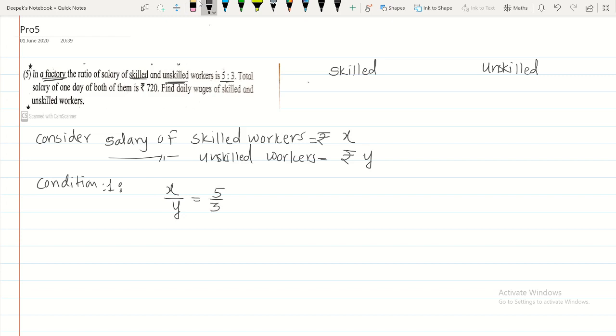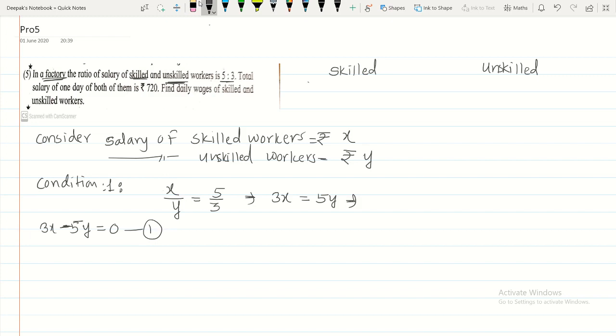By simplifying, cross multiply. 3 into X becomes 3X, equal to Y into 5, which becomes 5Y. If I change the side of 5Y, we get 3X minus 5Y, and nothing will remain, that is equal to 0. So from the first condition you got equation 1.